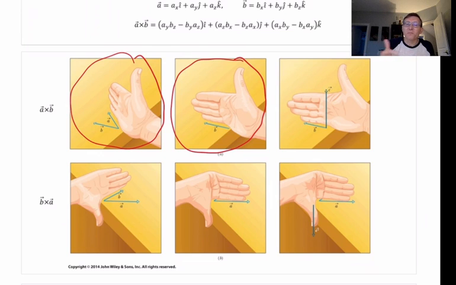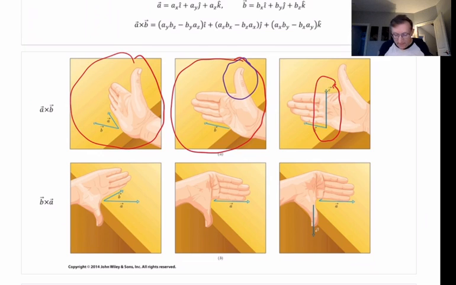Okay? Your whole fingers and palm are attempting to push A on top of B. And look which way your thumb points when you're doing that pushing. Up. So straight up from the surface is the direction of the resultant C. Now that's if I do A cross B.